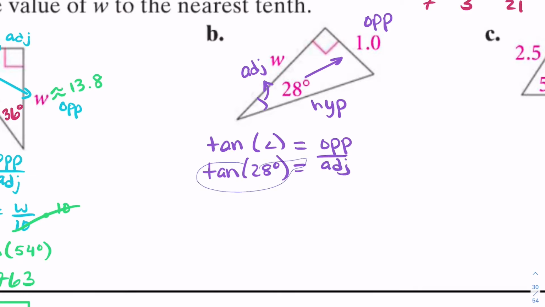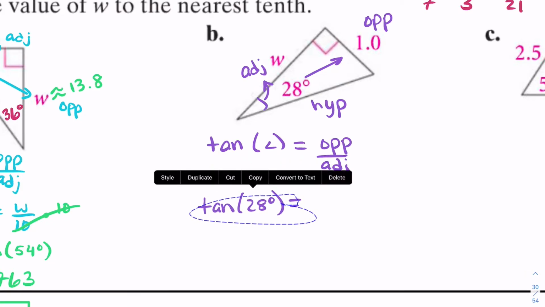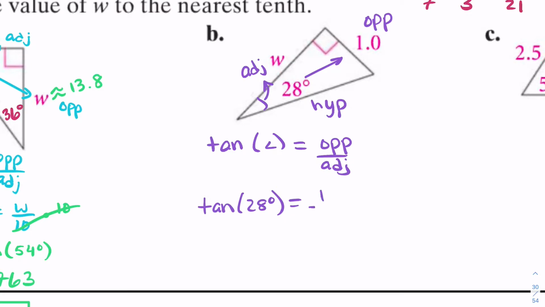And so the tangent of 28 is equal to 1 over W. What you have to do here is you have to either know a lot about proportions, like I can literally switch these two numbers and it's good. You can switch numerators and denominators. Boom, you can move W right there and you can move tangent down there and you're good.